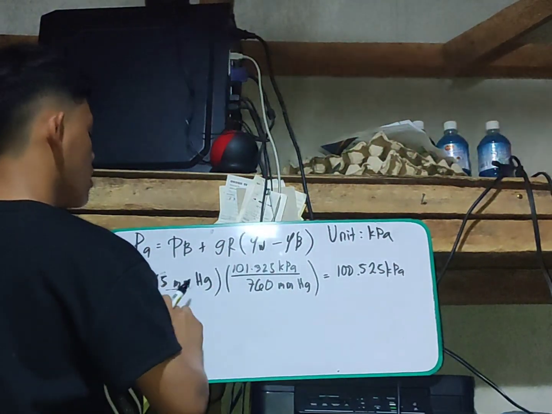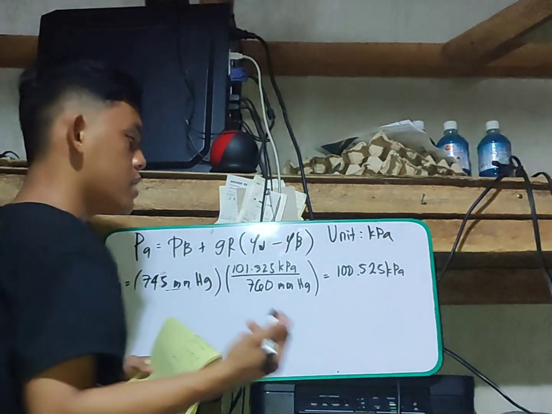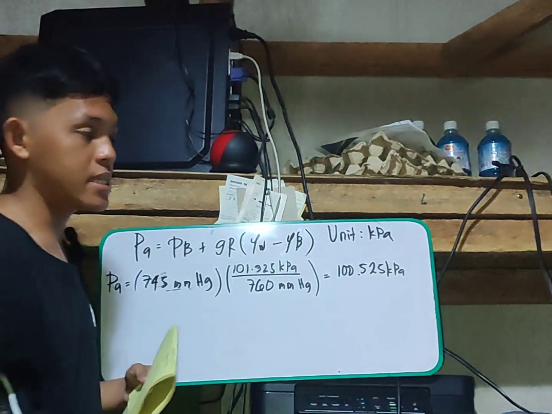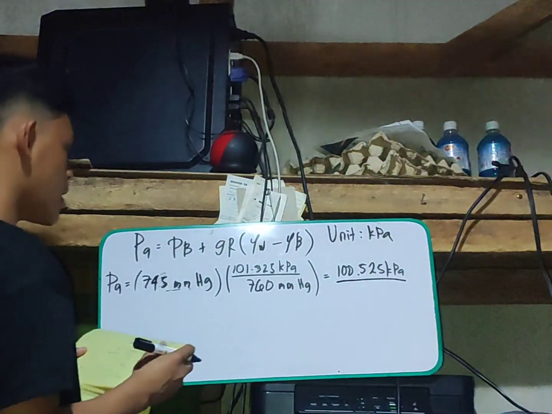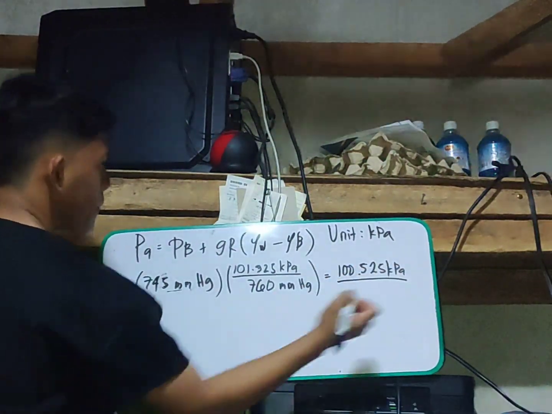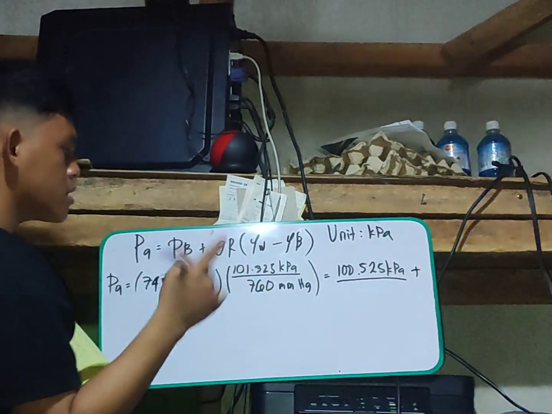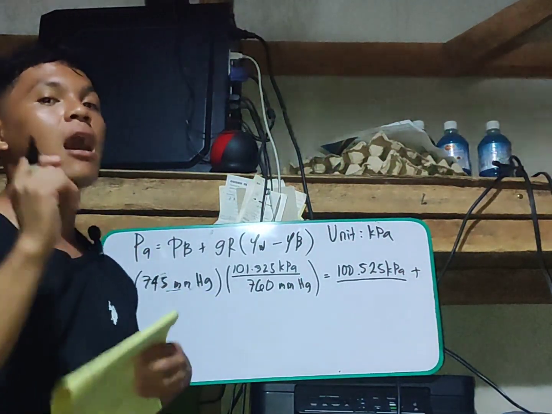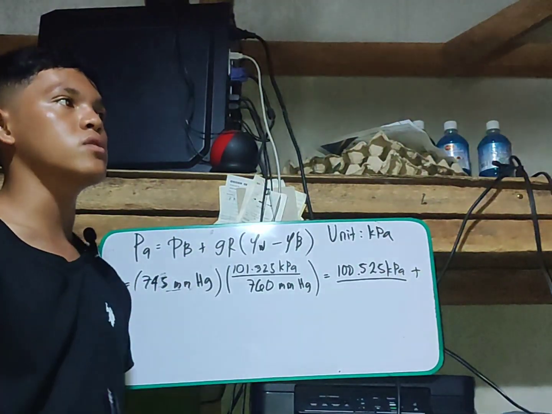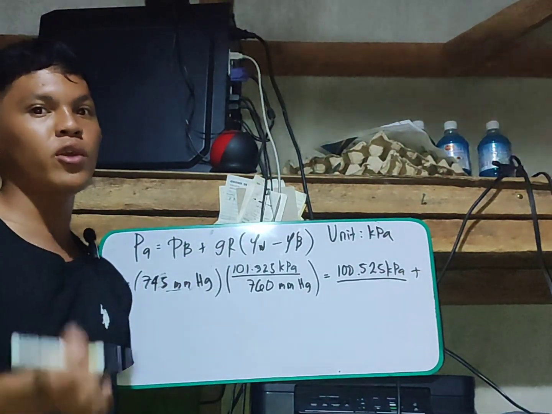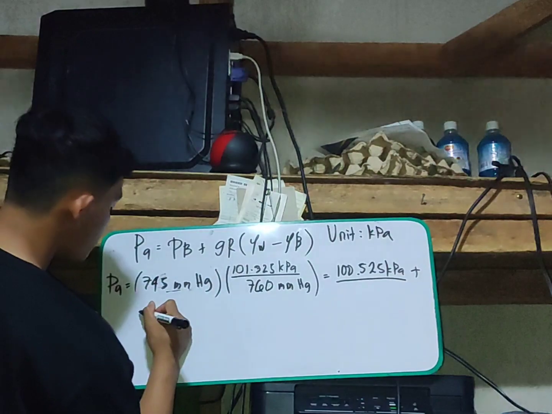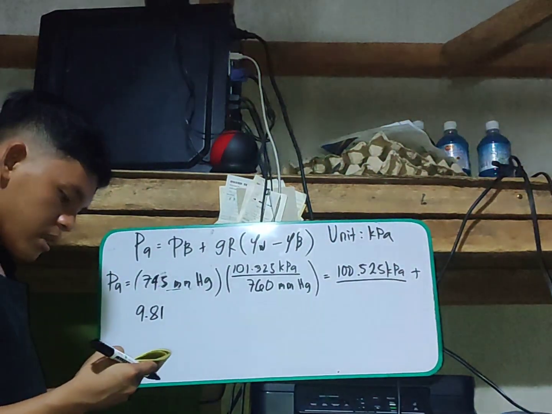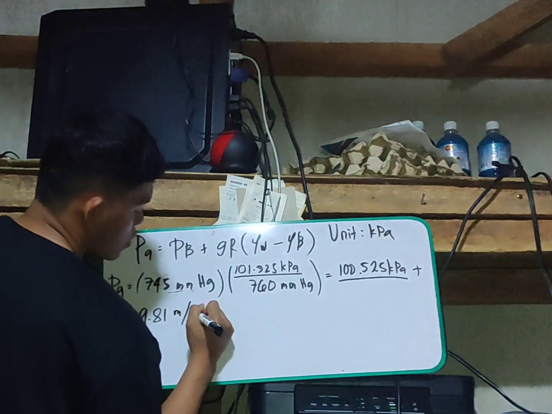Kumbaga, itong kabuuan niya para maging kilopascal siya is, i-convert natin itong mercury into kilopascals. Kaya ito na yung nakuha na natin. So, magiging kilopascals plus, dito natin sulat, our gravity. What is the gravity or specific gravity? Our specific gravity related to water is 9.81 meter per second squared.